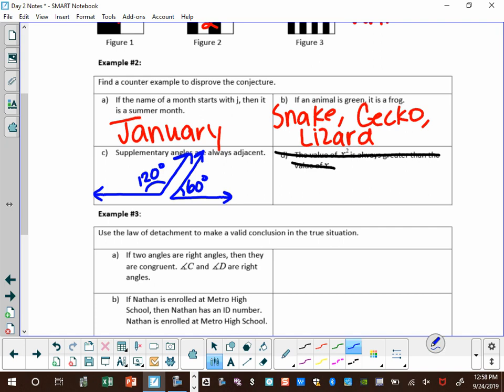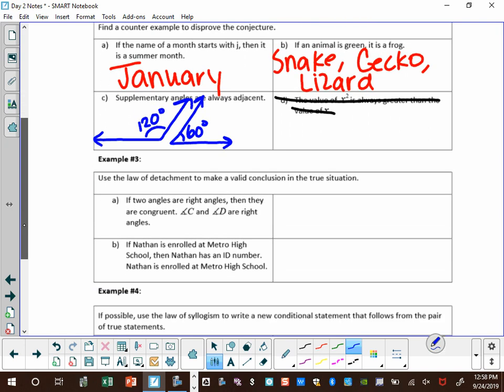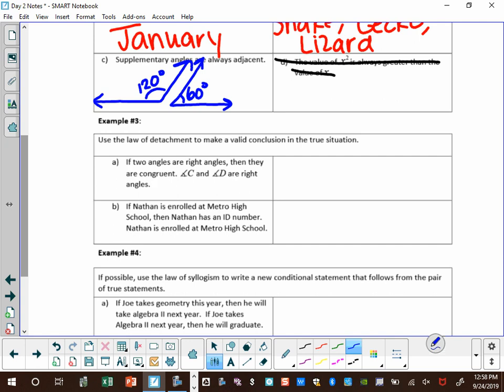Example 3, use the law of detachment to make a valid conclusion in the true situation. Law of detachment means that if my hypothesis is true, then my conclusion is true. If two angles are right angles, then they are congruent. Angle C and angle D are right angles. So what can we conclude?